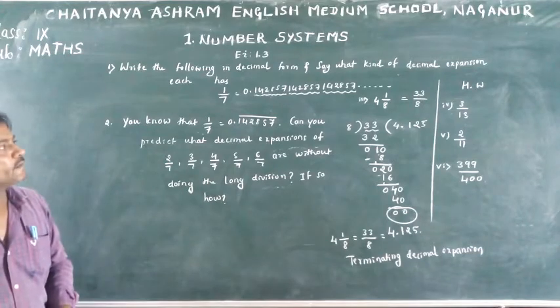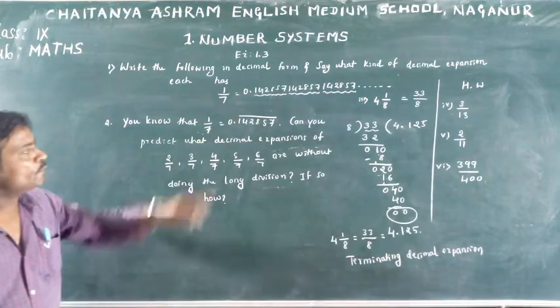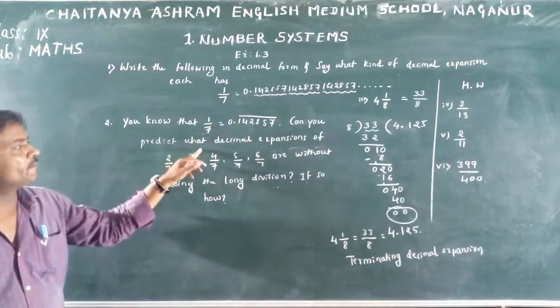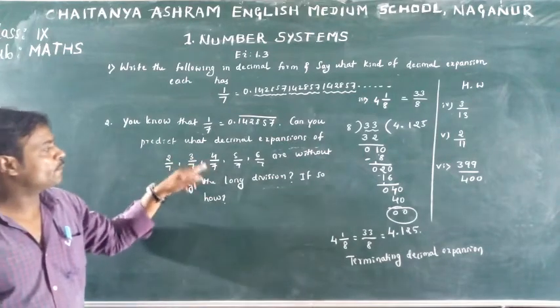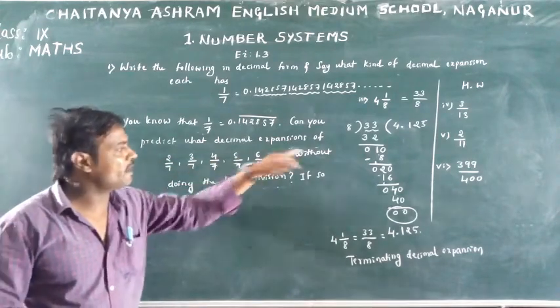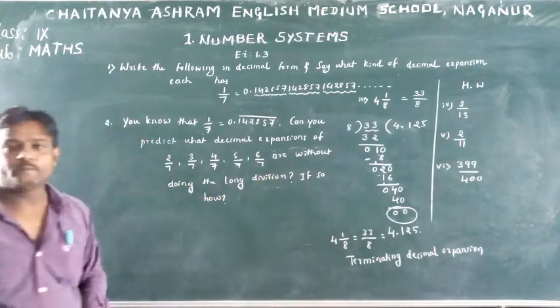So this corresponds to the rational number 1 divided by 7. Using this, can you predict the decimal expansion of 2 by 7, 3 by 7, 4 by 7, 5 by 7, 6 by 7 without doing the long division? If so, how?